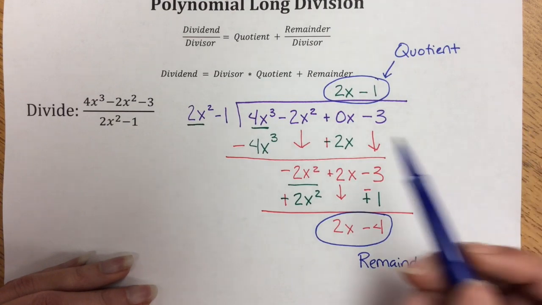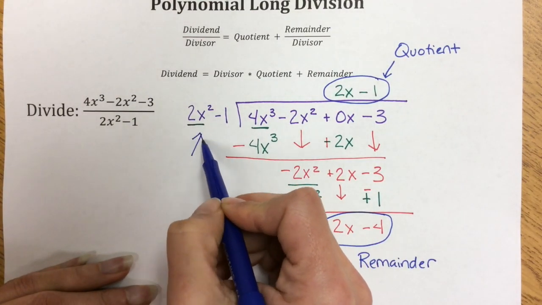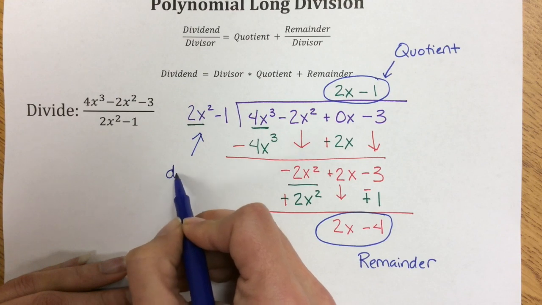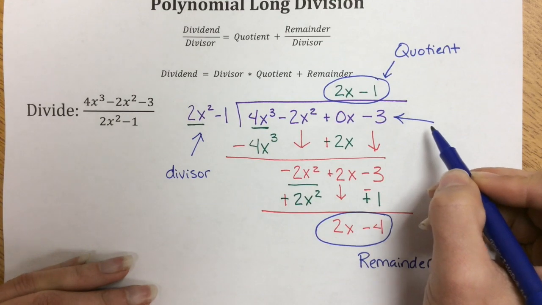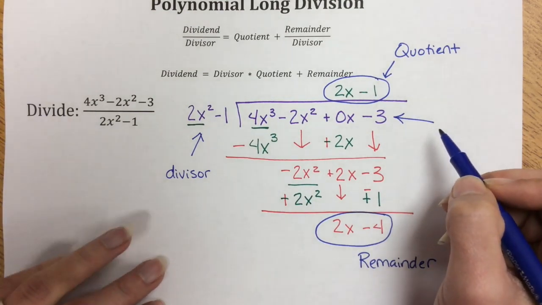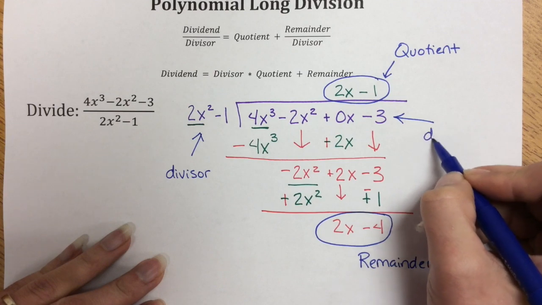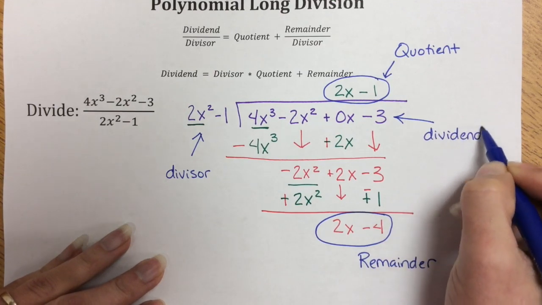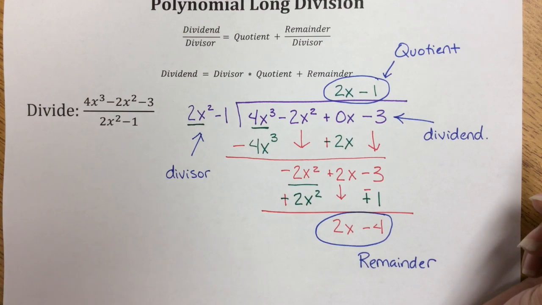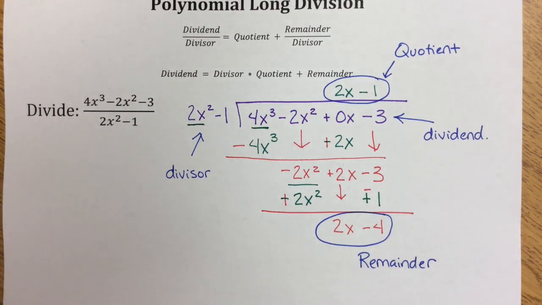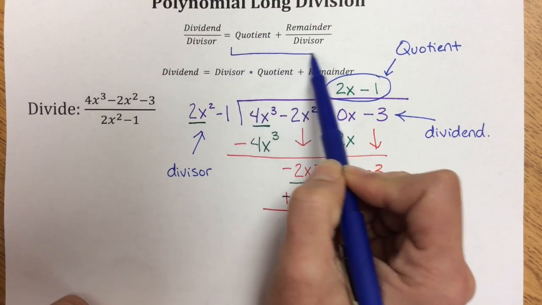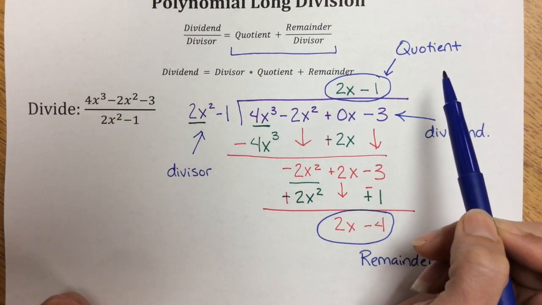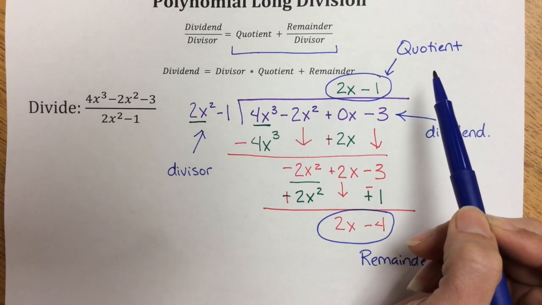And as we talked about before, this right here is the divisor, and what you put inside your long division is your dividend. There are several ways to write this answer. Some people just give the quotient and then the remainder. But you'll notice up here, this is the best way. That is how we would write the answer.